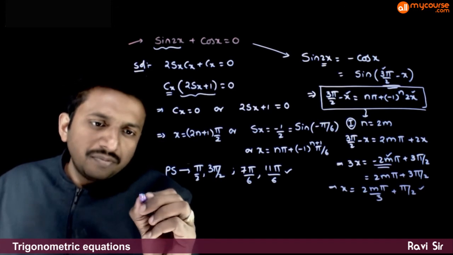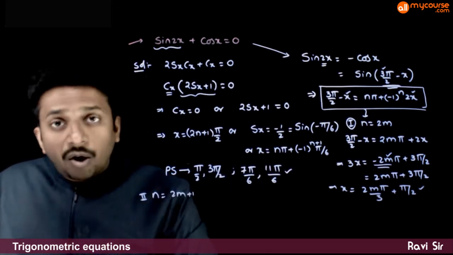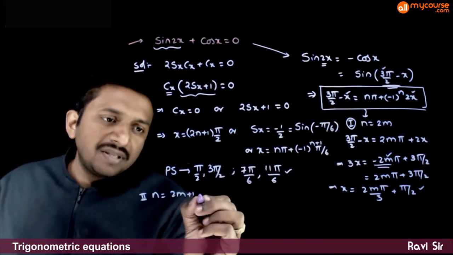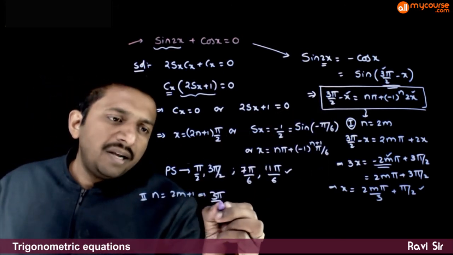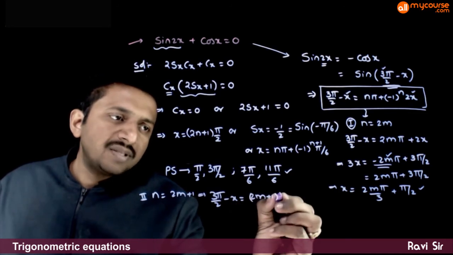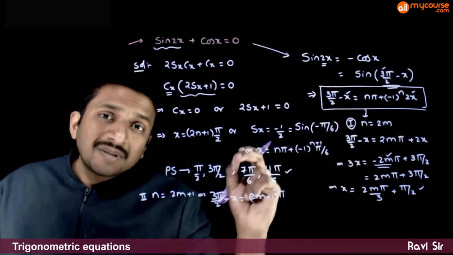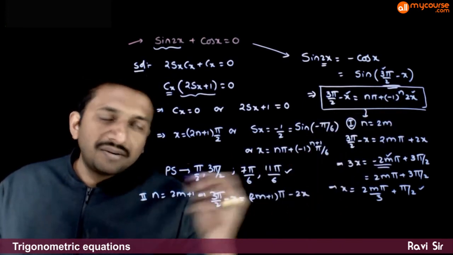Case 2, if n is of the form 2m plus 1, it is an odd number. Now 3 pi by 2 minus x is equal to 2m plus 1 times pi. This minus 1 whole power odd number becomes minus 1, so you get minus 2x here.